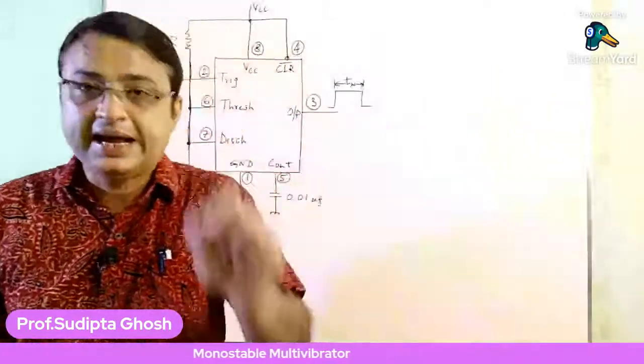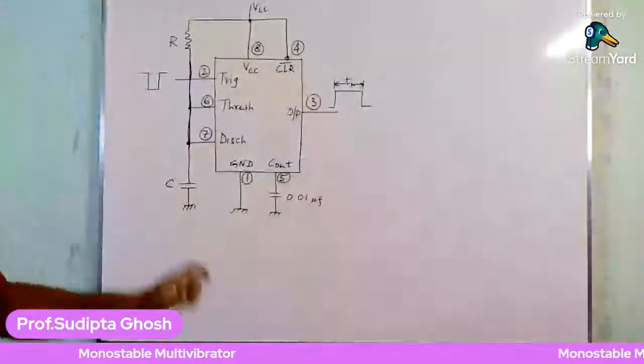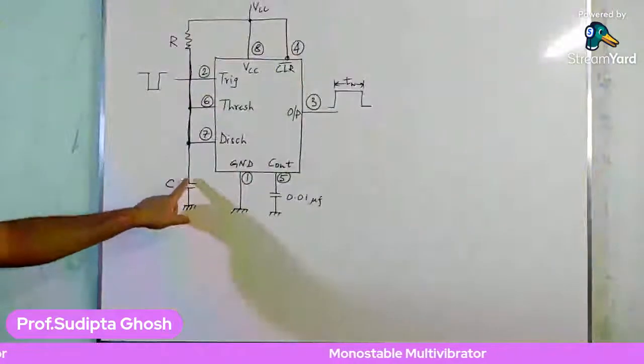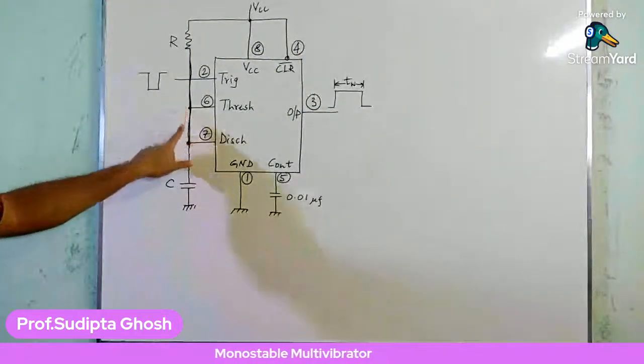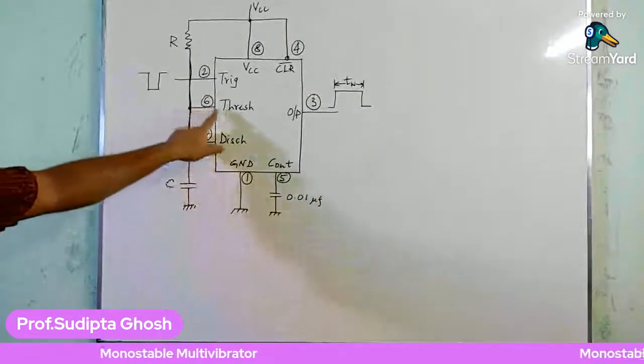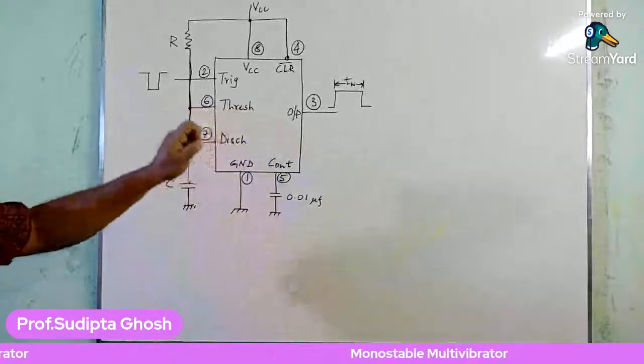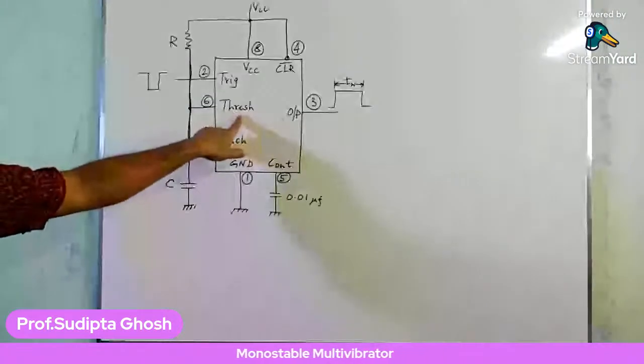Now here again, just look at this picture again, and you will find that this capacitor is also connected with pin number 6. And what is this pin number 6? It is the threshold pin.